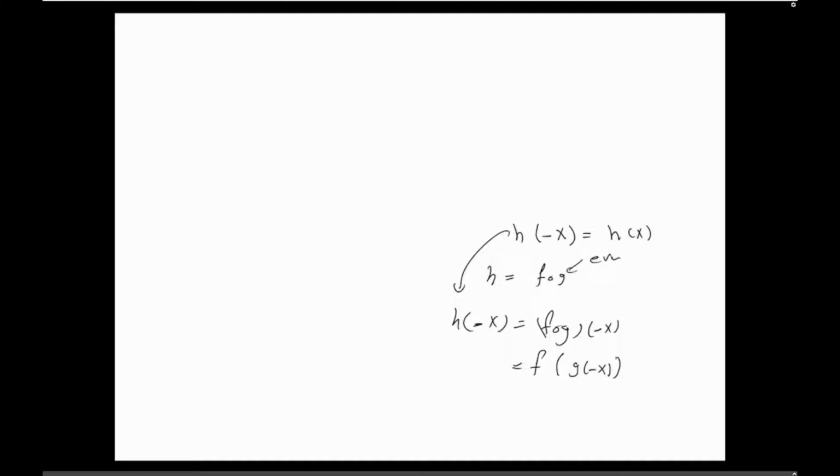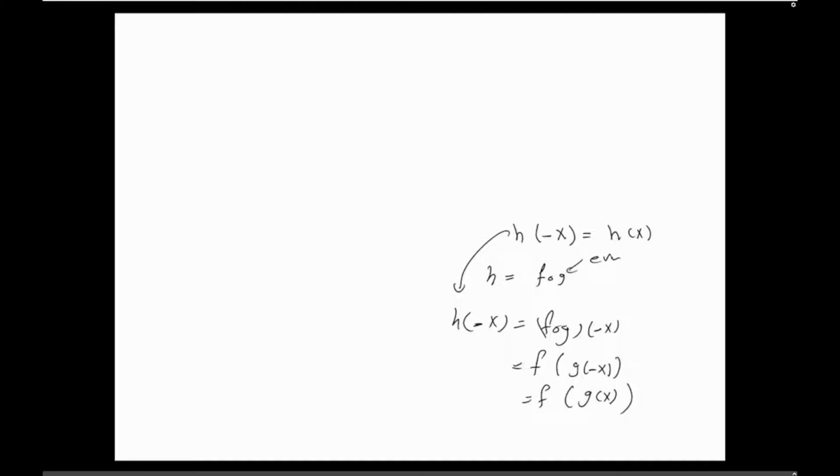And we said since g is an even function, it's going to get rid of the minus. So to simplify, what we end up with is g of x, because it's even, it gets rid of the minus.